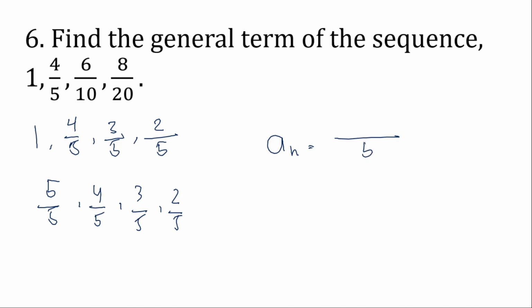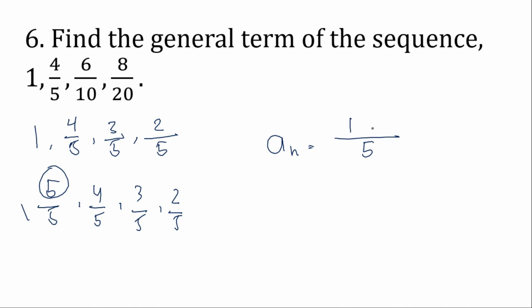So if I'm going to get this 5 at the numerator, I'll just use 1 because that is the value of our n.